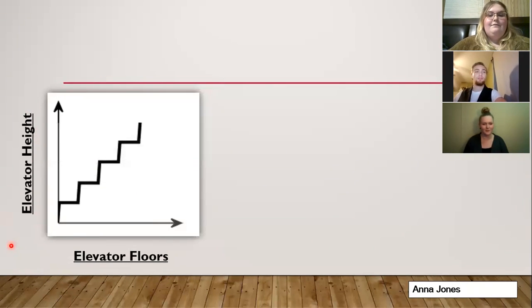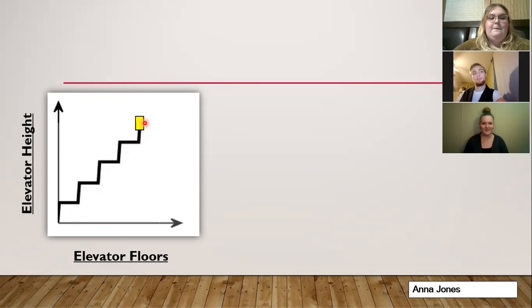So as the elevator goes up, it goes up very quickly, and then it stops on each floor, and you can see the stair steps where it stops on each floor, and then it goes up very quickly and stops, up and stops, up and stops until it gets to the height of the building.